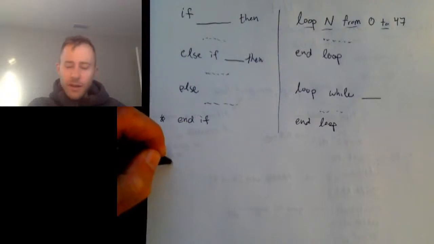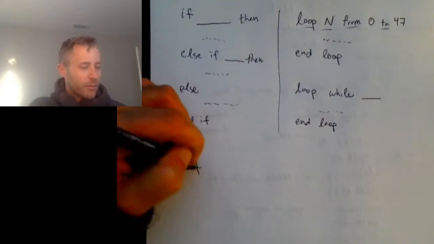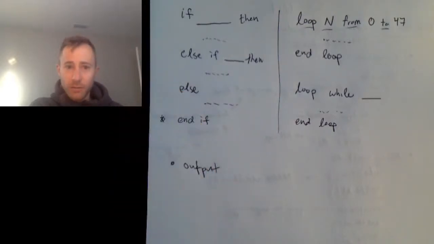You have an output statement, which is basically like print to the terminal or return in a function or a method.